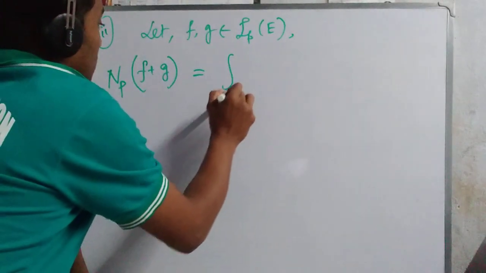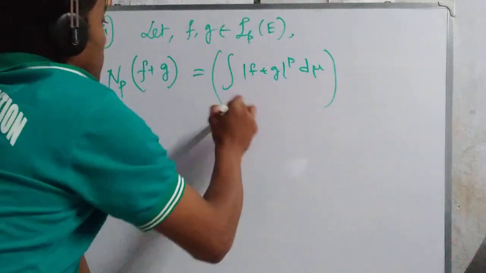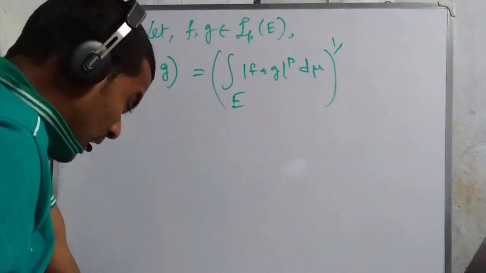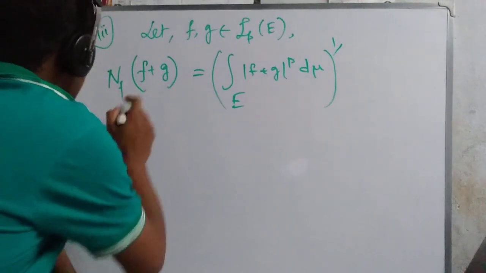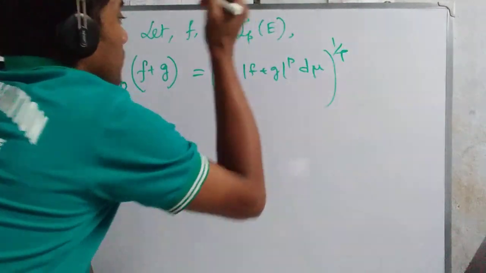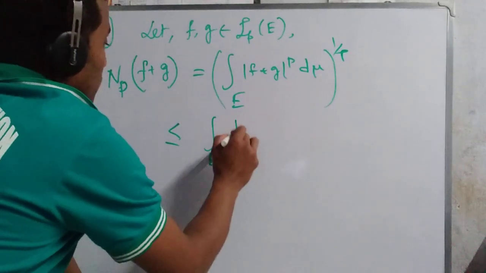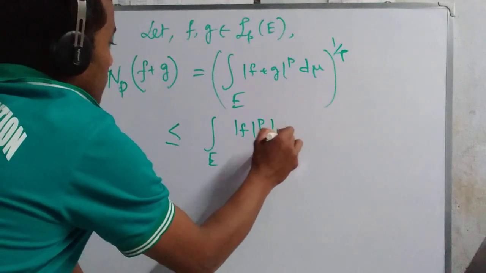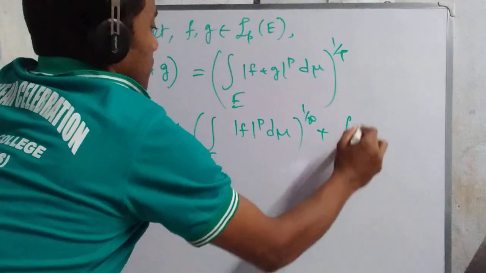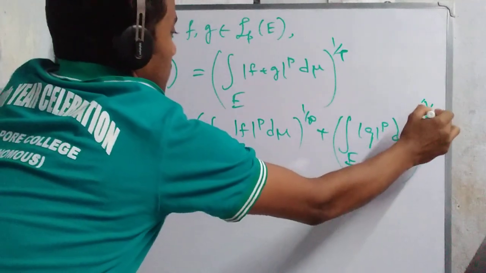N_p(f+g) equals the integral of |f+g|^p d mu, whole to the power 1/p, which is less than or equal to the integral of |f|^p d mu to the power 1/p plus the integral of |g|^p d mu to the power 1/p.